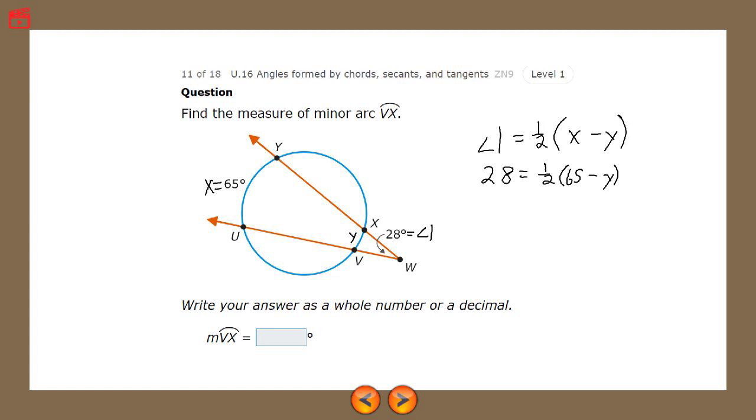Now, I've told you plenty of times when we were doing this that denominators are division. How do you get rid of division? Multiply by 2. So we're going to multiply 28 by 2 to get 56, and we're going to get rid of the 1/2 in the process. We'll get 56 equals 65 minus y.